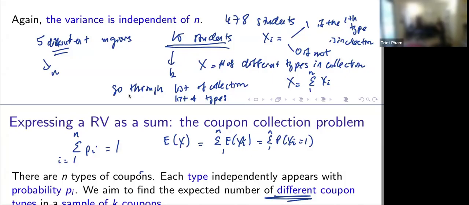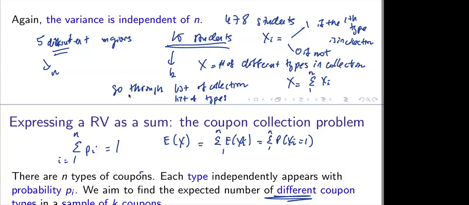in the collection. Even though that's the definition, 1 minus P of Xi equals 0 is much easier to deal with. Because right now, do we see what the probability Xi equals 0 is? Like 1 minus pi to the k. Perfect.